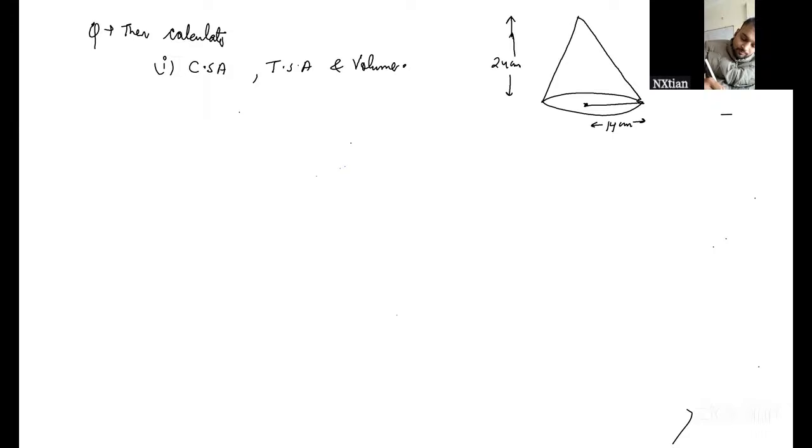So we know that L square is equal to h square plus r square. Now what is L? L is basically the slant height. So we have to find it out. Can anybody find out what L is in this case?